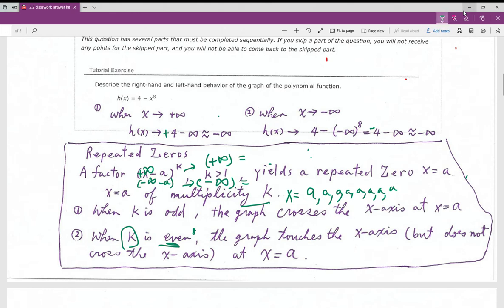If I change this k to the 7th degree, infinity minus a is still infinity, right? So this goes to the 7th degree and is still positive infinity. But when x is very small, negative infinity, you minus a, still negative infinity. But when you go to the 7th degree, because this is an odd number, it becomes negative.